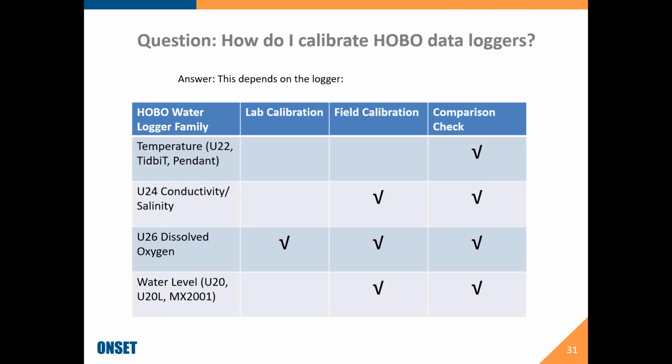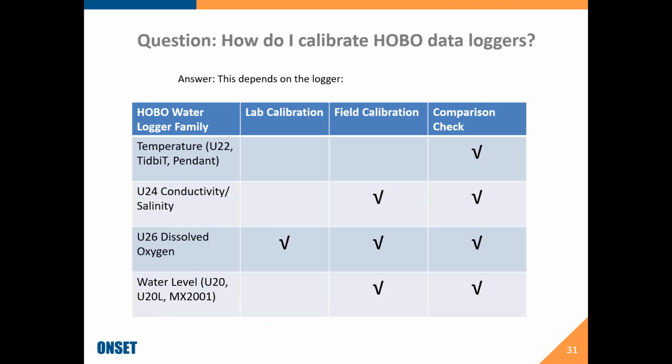Another option is field calibration, where you take a measurement in the field next to your logger, and that can be used to adjust your readings. We offer field calibration options for our conductivity loggers, our dissolved oxygen loggers, as well as our water level loggers. In the case of a water level logger, your reference water level reading is basically your calibration point. All your readings will be adjusted to match that reference water level reading.